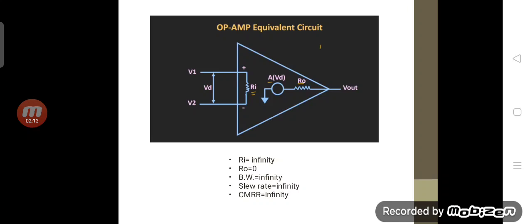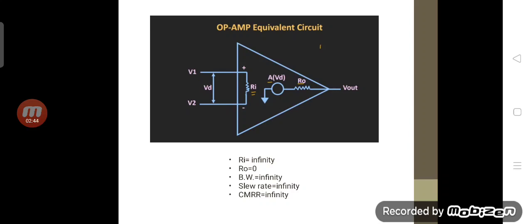Next, common mode rejection ratio. If we apply the same input voltage to V1 and V2, then the difference between these two voltages will be equal to 0, and at the output we should get 0 volt. Likewise, when we apply different input voltages V1 and V2 to this op-amp, then at the output the difference between these two voltages will get amplified by a certain amplifier gain.